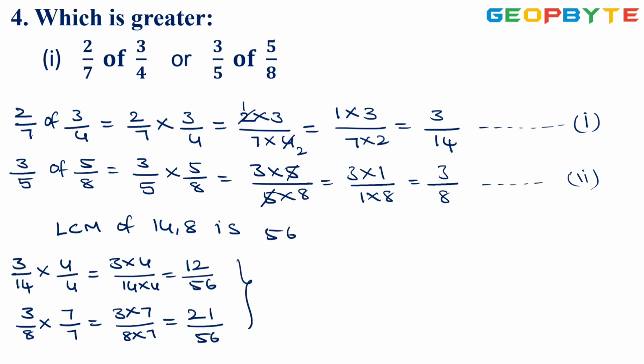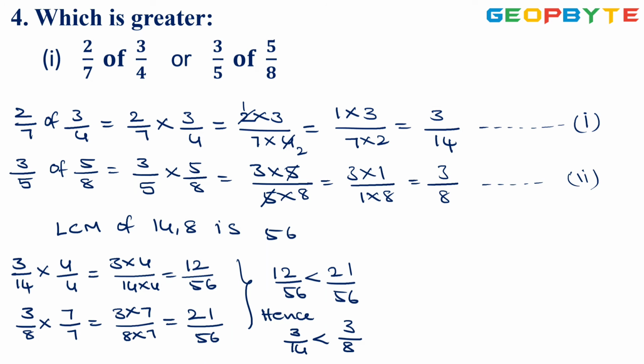Now based on these two, we can clearly say that 12 by 56 is less than 21 by 56. Hence, we can say that 3 by 14 is less than 3 by 8.